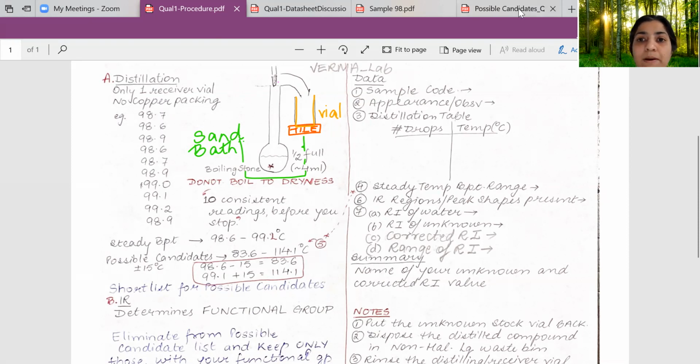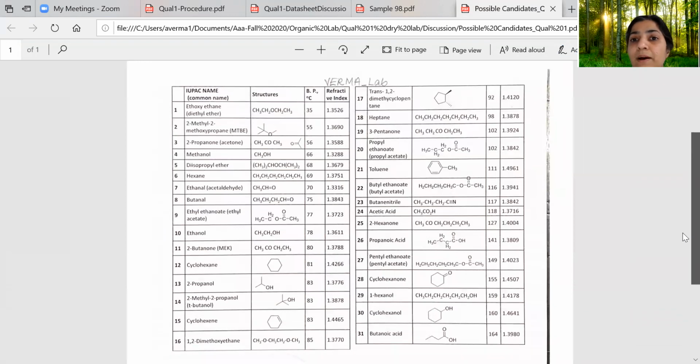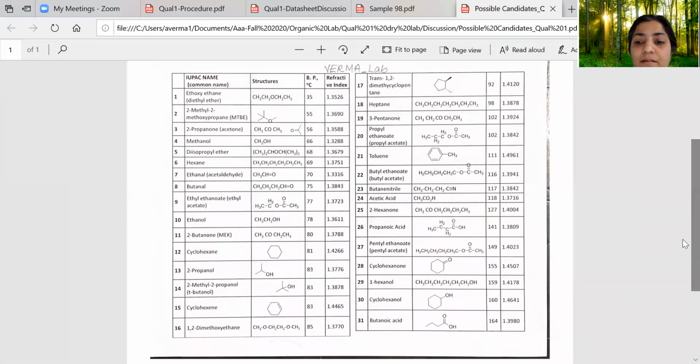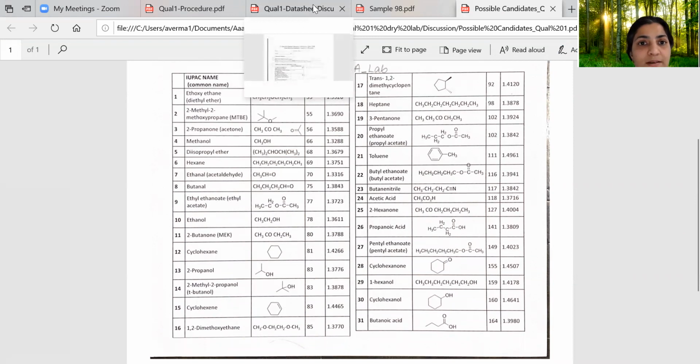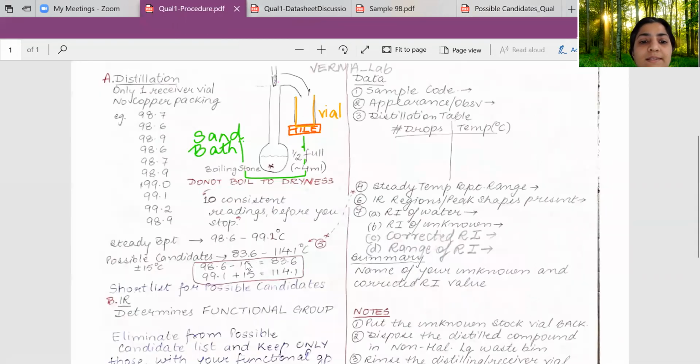How is this going to help us? This is the first piece of information that is going to help us eliminate or shortlist our compounds. We will eliminate all the rest and shortlist our compound. So let's look at this 83.6 to 114.1.